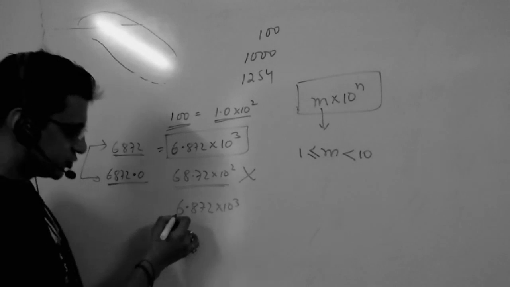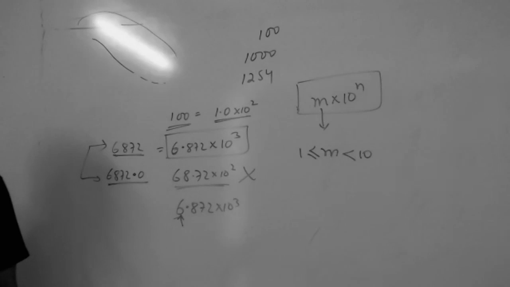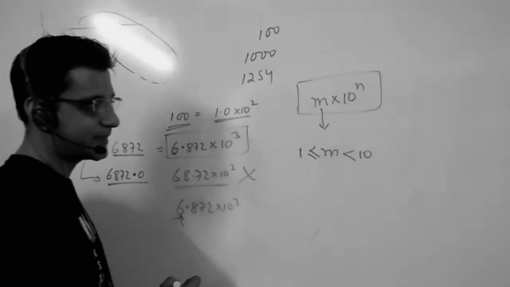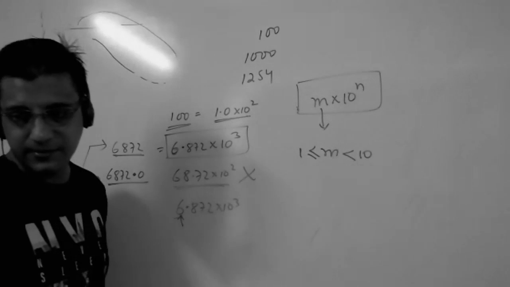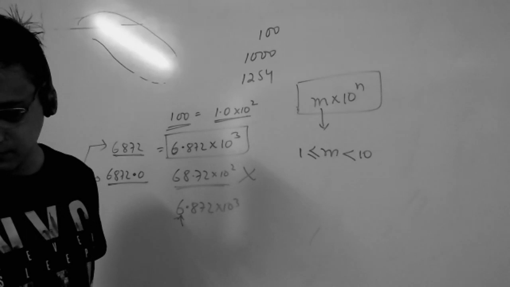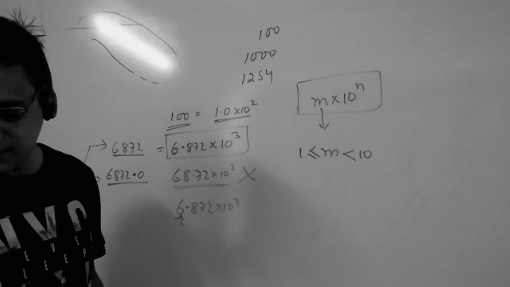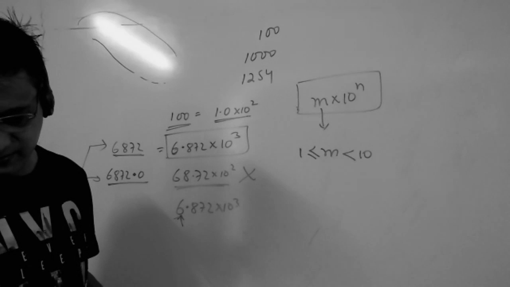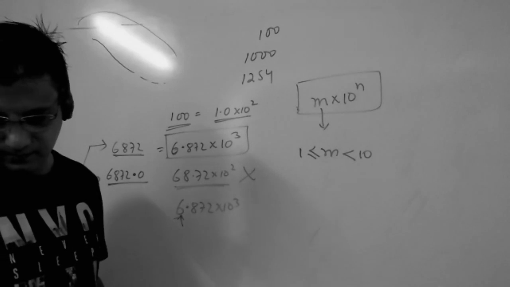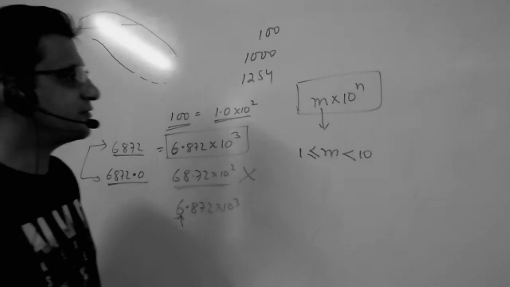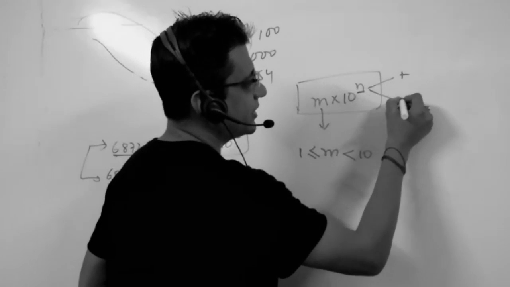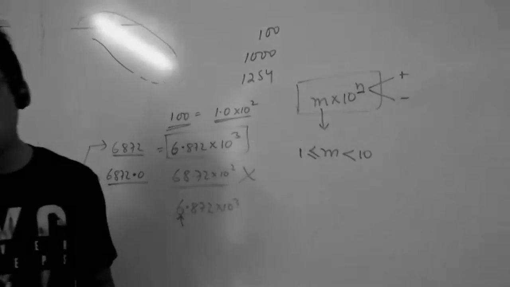This should be a single digit, not double. That is the standard way of writing. And n can be any positive or negative number.